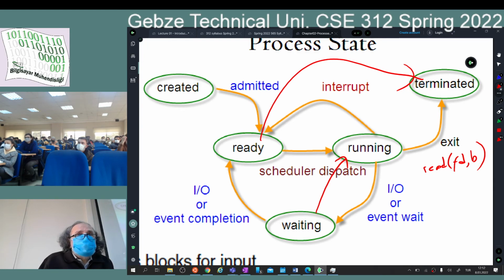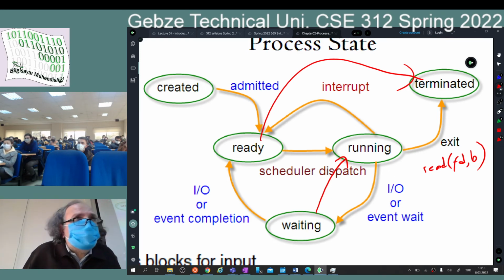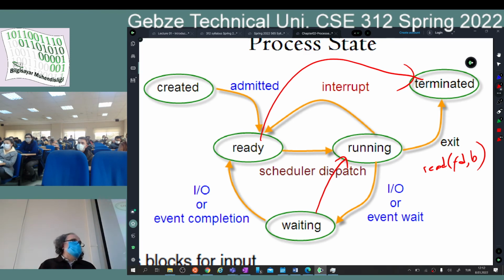If the operating system is killing me, if somebody is killing me, they don't directly kill me. They give me a signal saying that we are going to kill you, do your last things. Remember when I try to shut down this computer, it doesn't immediately shut down. Sometimes Word tells me that this computer is shutting down, but you have unsaved files.